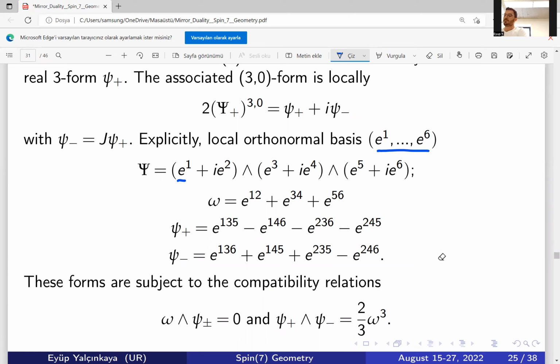If you take the real part, e1 wedge e3 wedge e5, and so on, this is actually the real part of omega.